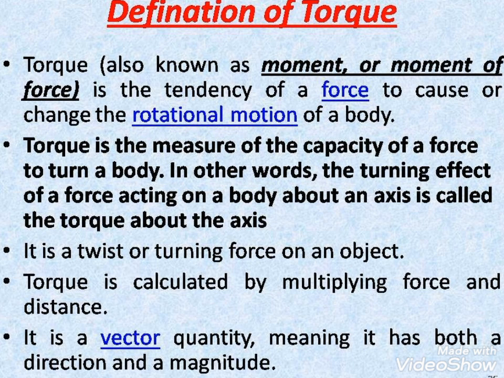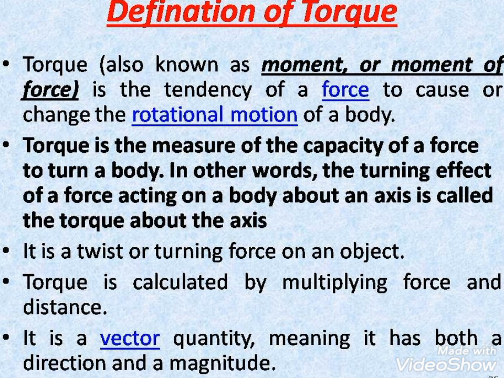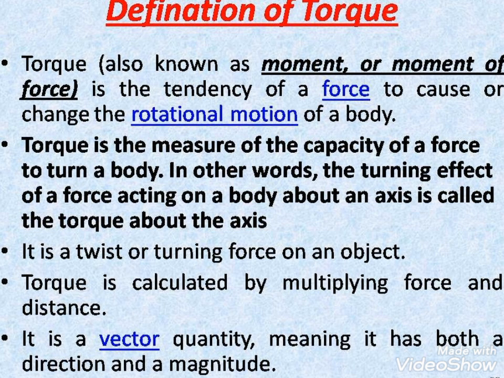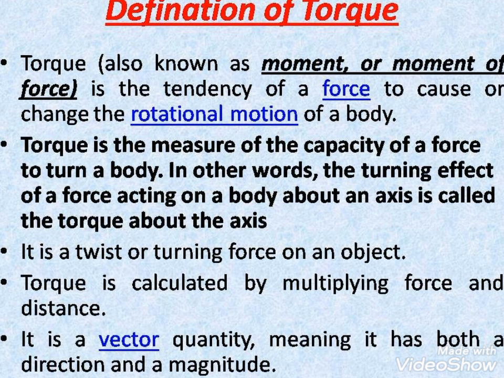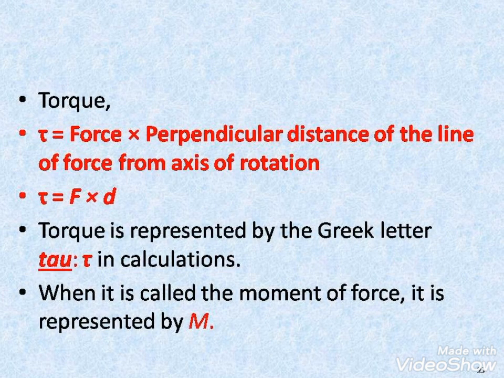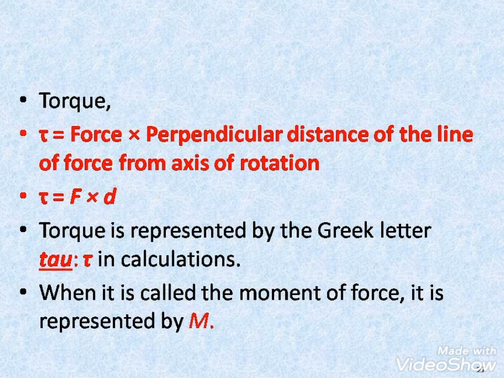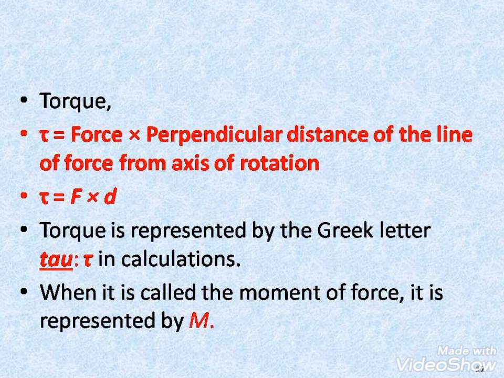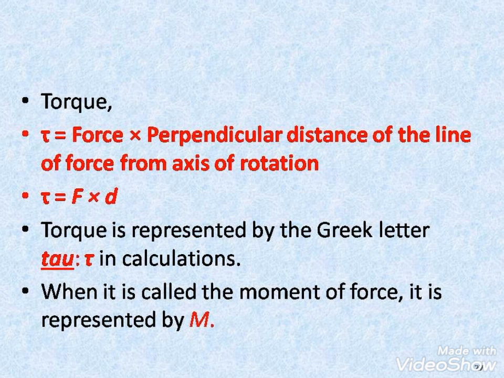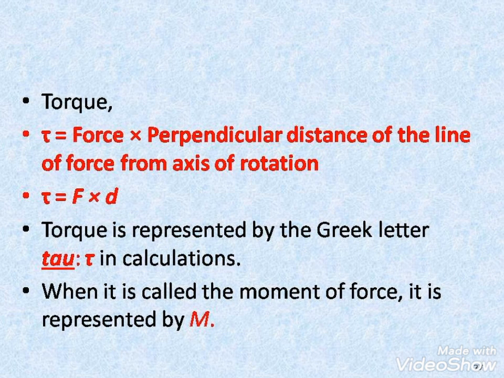You all know that torque is a vector quantity because it is having both direction and magnitude. Now magnitude depends upon the product of the magnitude of force and distance, and direction depends upon the axis of rotation, or depends upon the line of action or the point of action of force. Now torque, as we all know, is represented by the Greek letter tau, and how will we calculate?